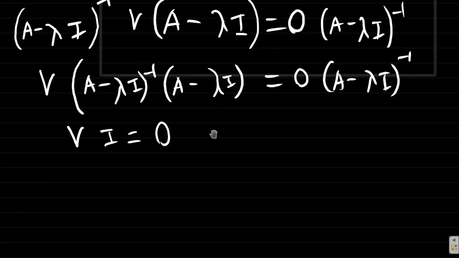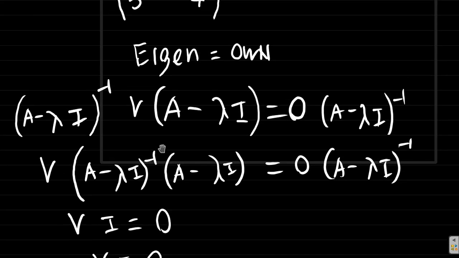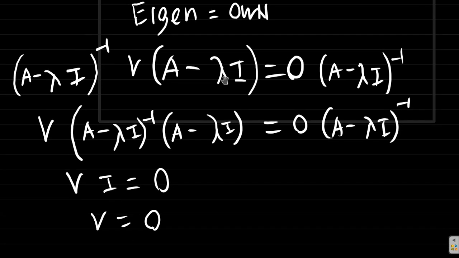Now, this would mean that V, the eigenvector of the matrix, is 0. But that cannot work because the eigenvector should not be equal to 0. So therefore, A minus lambda I should not be invertible. Right?